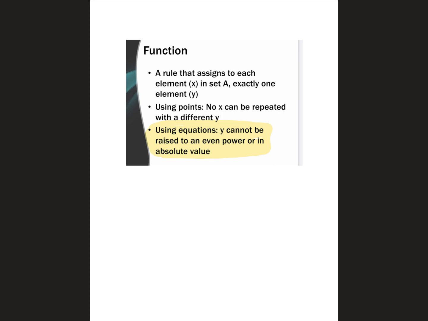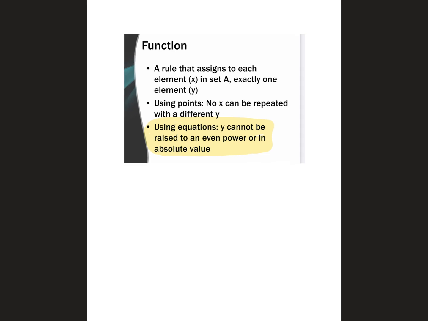All right, next we're going to talk about what makes something a function or not a function. There are ways to tell whether a graph is a function or not a function given a graph. So we can use this to help us with our piecewise function. If we're given a graph, we use the vertical line test to determine if it's a function or not.